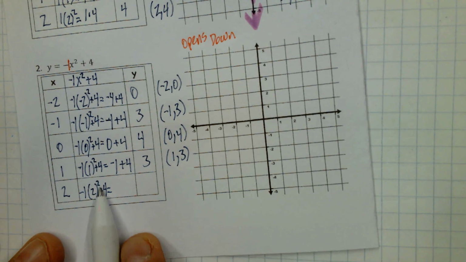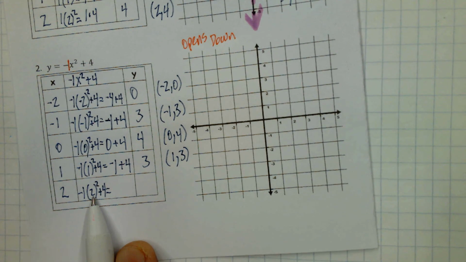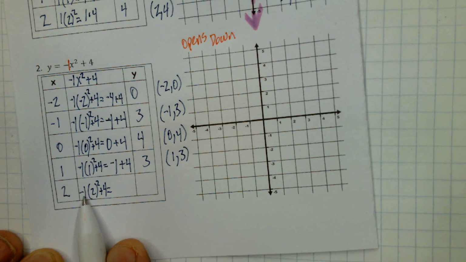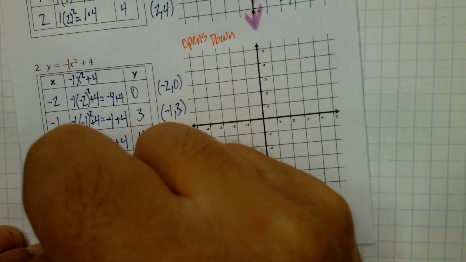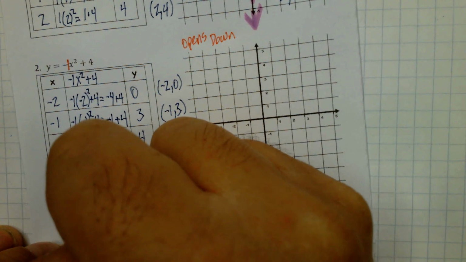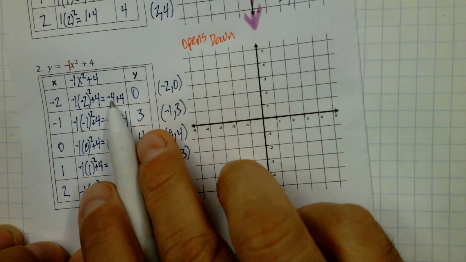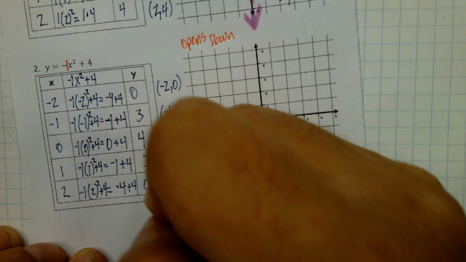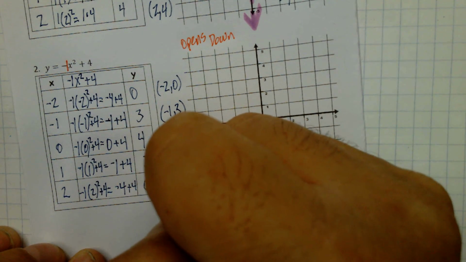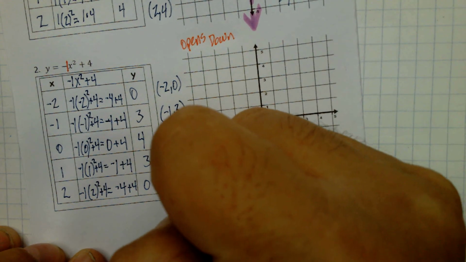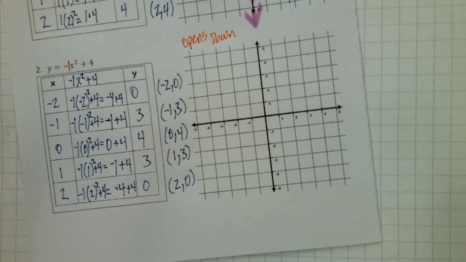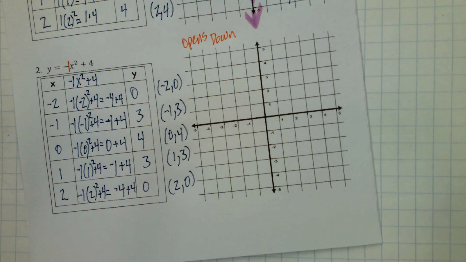Like here, it's 2 squared, right? That means you multiply 2 with itself. 2 times 2. So that's going to make it 4. 4 times -1 is -4. And then you add 4. So it's the same result as you get there. So it's -4 plus 4, it's 0. So you get that. Okay, so let's graph this.